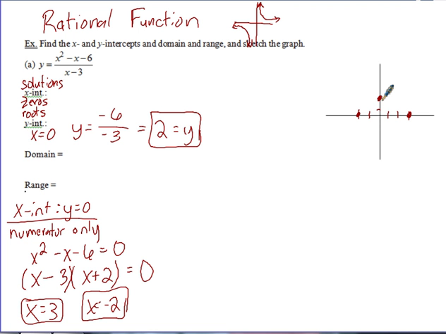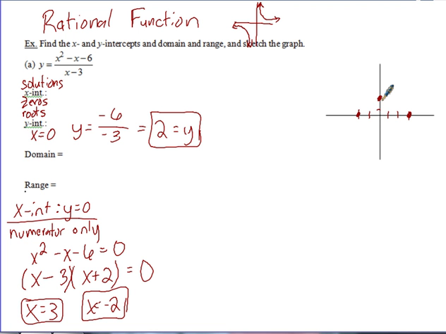Now, remember, I found this part, but I only paid attention to the top. So when I come into my domain here, now I really only care about the bottom. Do I care if the top's 0? No, if the top's 0, who cares? 0 divided by whatever is still 0. 0 is a number.